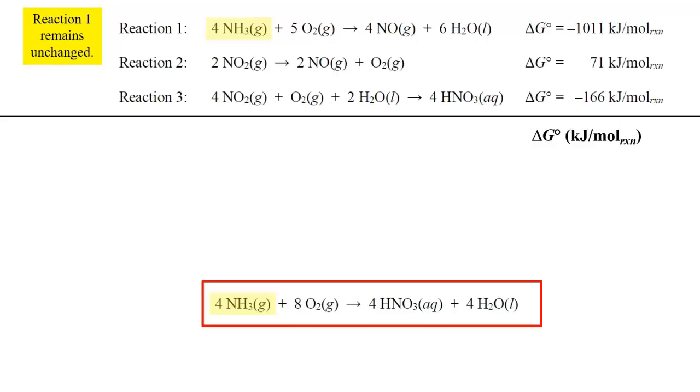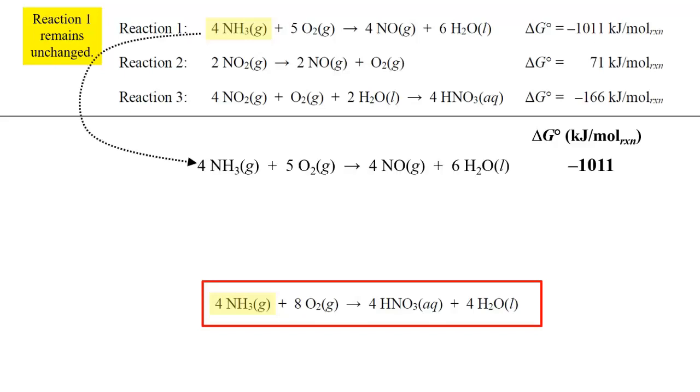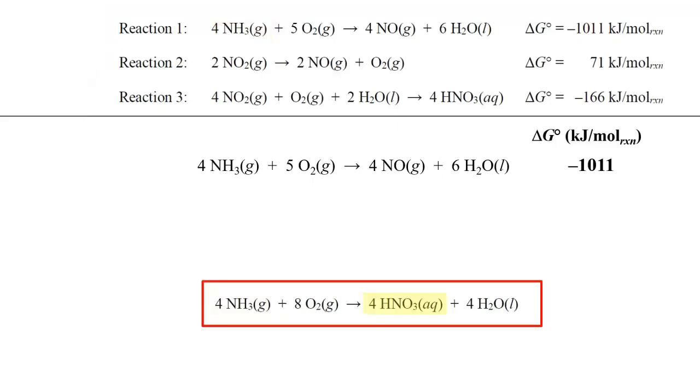Now the delta G for reaction 1 is negative 1011 kilojoules per mole of reaction. So that value remains unchanged, negative 1011. Now I'm going to move on to a chemical that's on the right side of this equation, and I see 4 moles of HNO3 on the right.